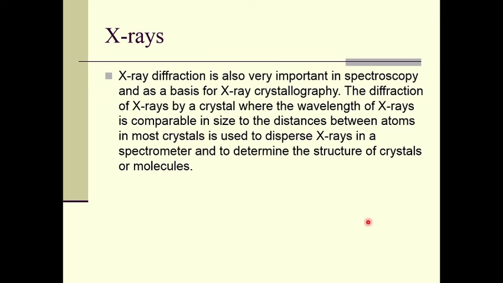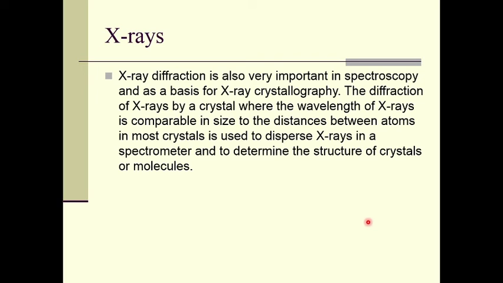X-ray diffraction is also very important in spectroscopy and as a basis for X-ray crystallography. The diffraction of X-rays by a crystal, where the wavelength of X-rays is comparable in size to the distances between atoms in most crystals, is used to disperse X-rays in a spectrometer and to determine the structure of a crystal or molecules.